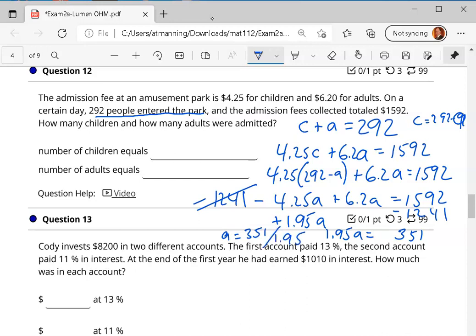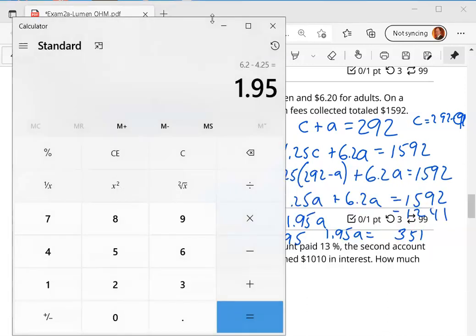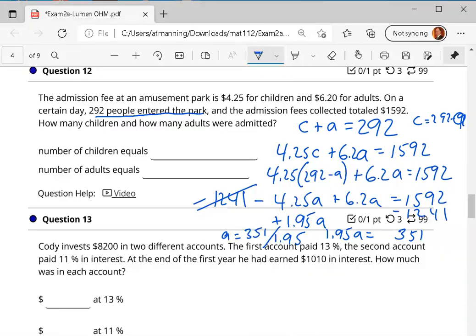Calculator time. 351 divided by 1.95 gives us 180. And remember, that's solving for A. A represents my number of adults. So A equals 180.